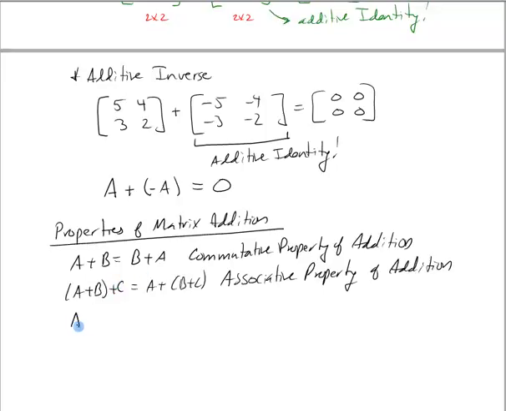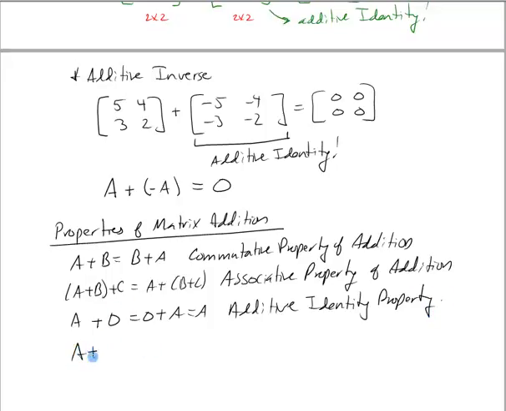Next we have what we just got done talking about. A plus 0 is equal to 0 plus A, which is just equal to A, of course. This is the additive identity property. If you add the 0 matrix to any matrix, you get that matrix back.